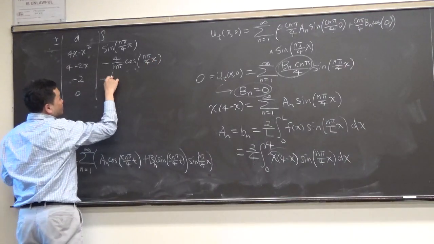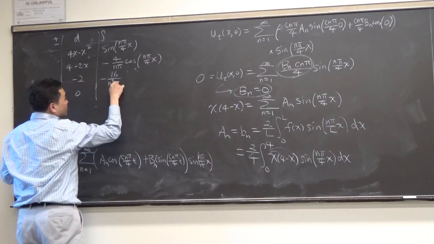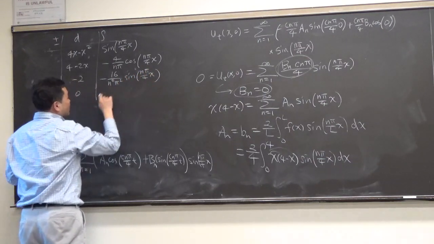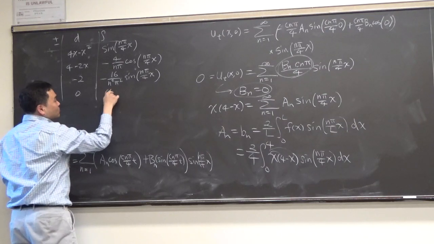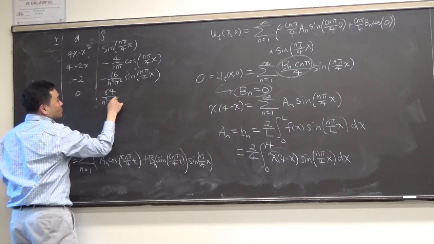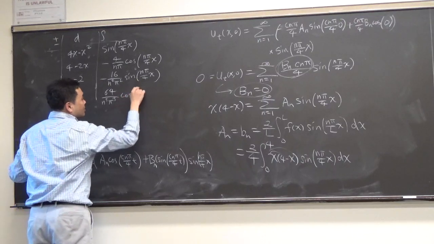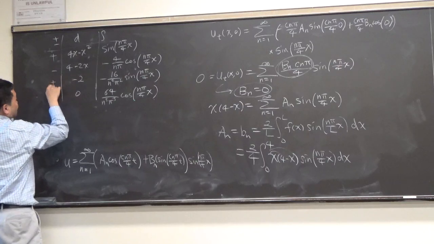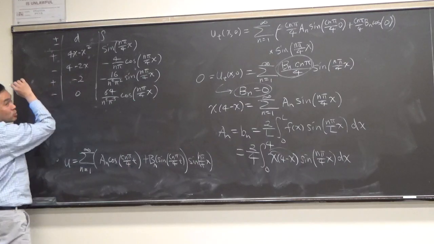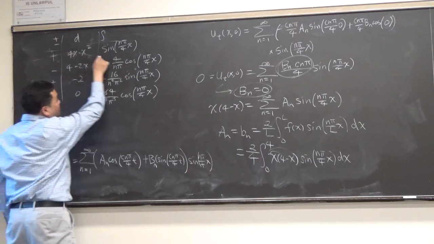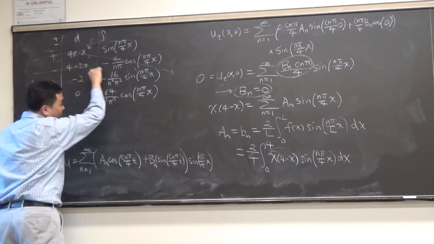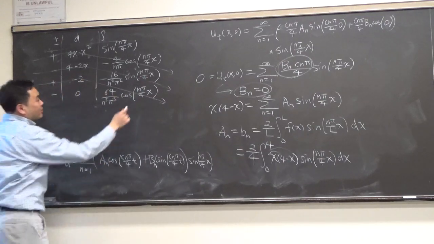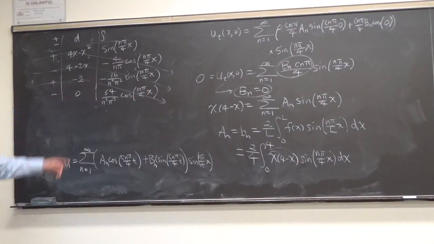Integrate again, you get negative 16 over n squared pi squared, sine n pi over 4x. Integrate again, you get 16 times 4 is 64 over n cubed pi cubed, positive cosine n pi over 4x, and then plus minus, and you read off the table by doing that, go across and slant down. And the last one, you have to go backwards, but we don't care because it's 0.